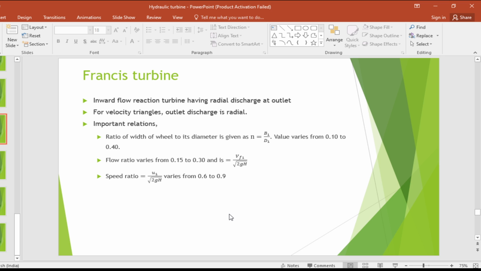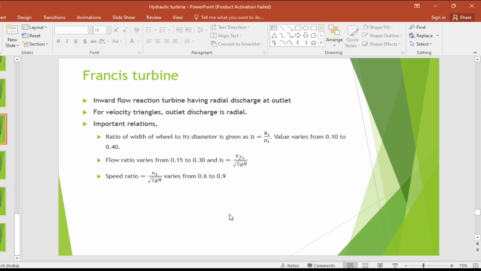In the modern Francis turbine, the water enters the runner of the turbine in the radial direction and leaves in the axial direction. Now here, if you see, in this modern Francis turbine the water enters in the radial direction and leaves in the axial direction.